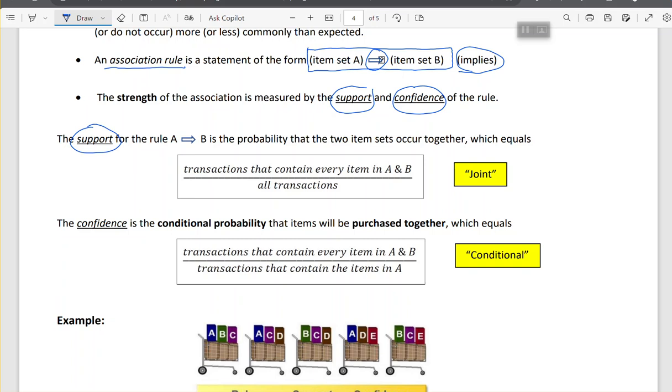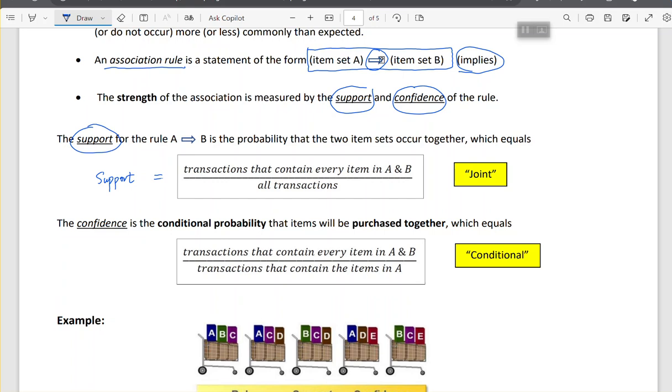The support is calculated with this formula. If you look at the records of a market, from all the transactions you have, I want to know how many transactions contain both items.